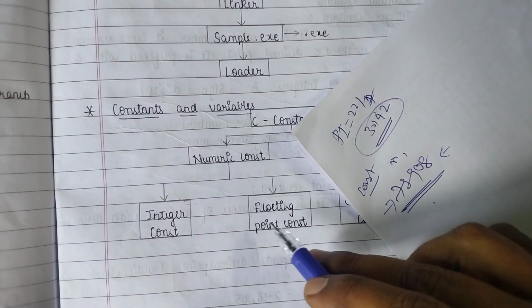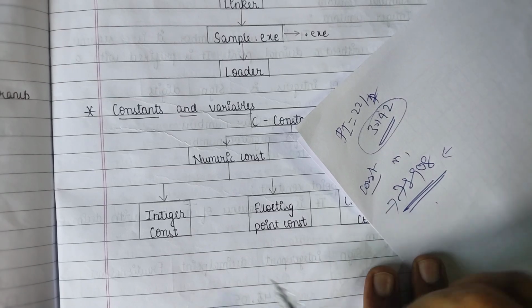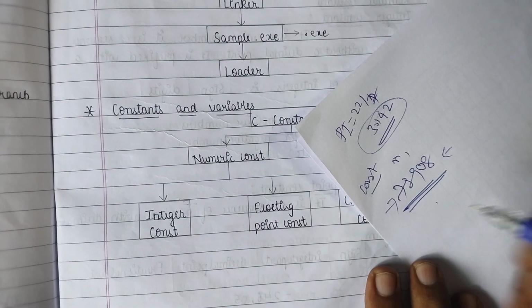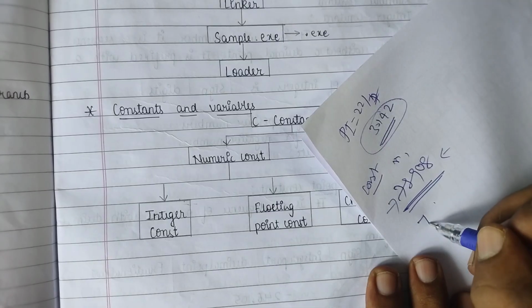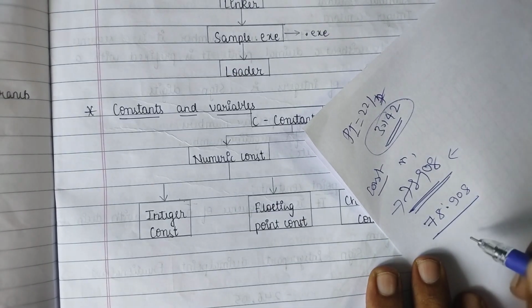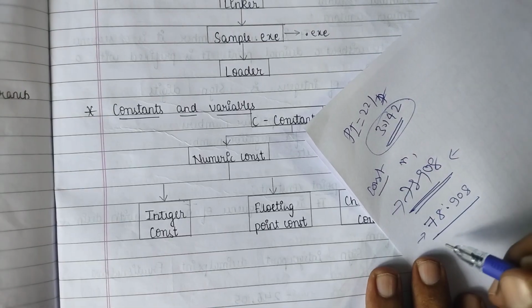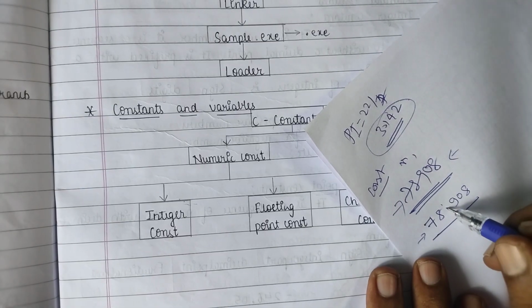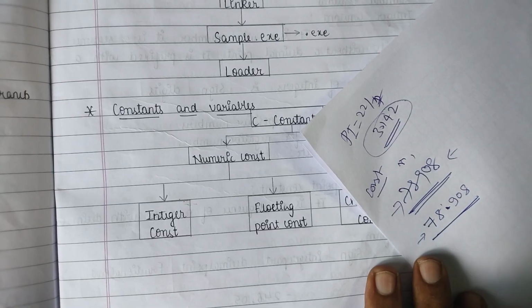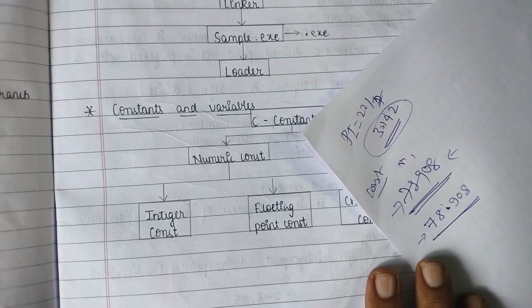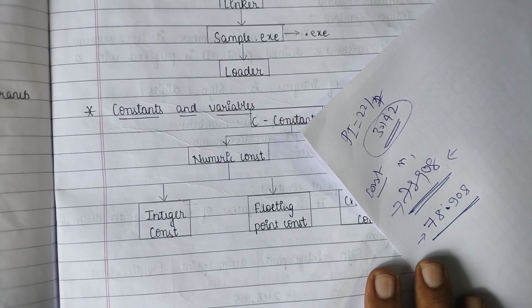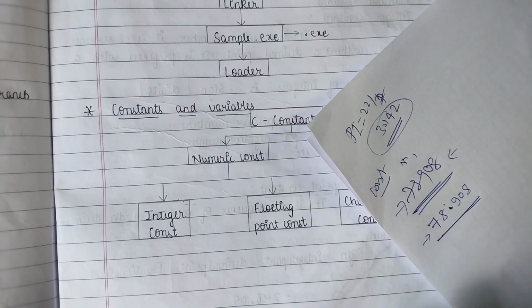Now the floating point constant, it is also a constant of type numeric only, but it is a floating point constant, means it contains, for example, 78.908. A sequence of digits or numbers which contains the decimal point is called a floating point constant. Just remember that numeric constants can be divided into two types.